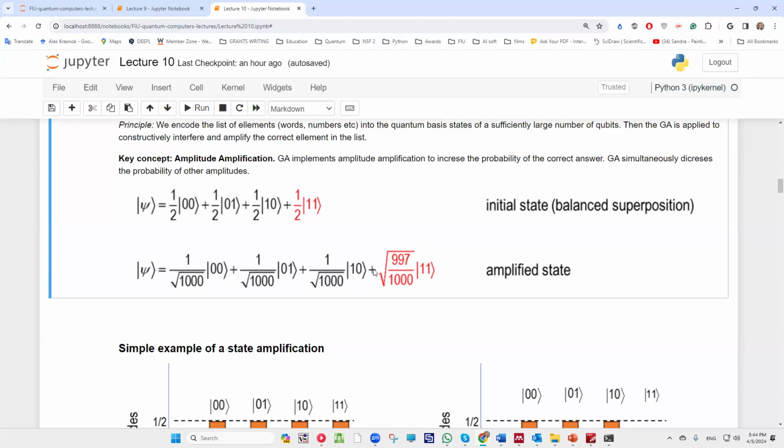Of course, I cannot completely get rid of other states, so this cannot be perfectly one, but by amplifying the state, we can go up toward one. For example, in this example, this element here is already very close to one. So this is an amplified state.